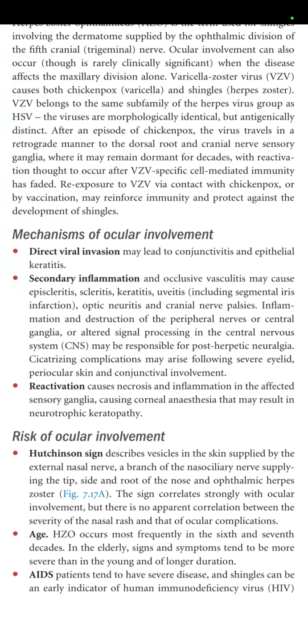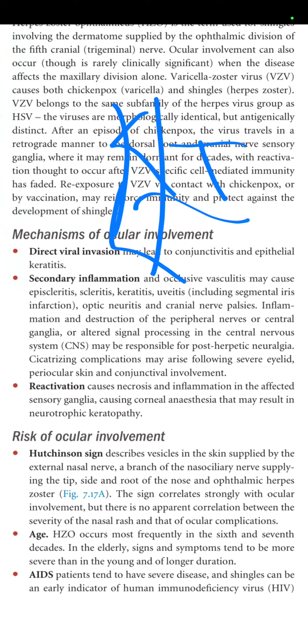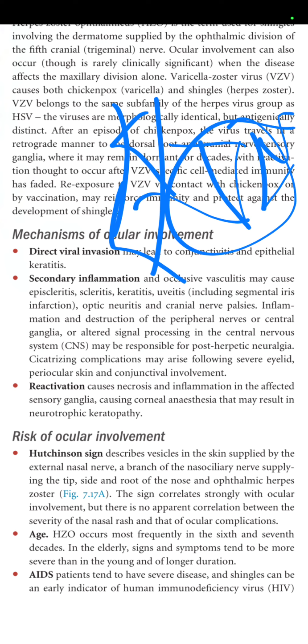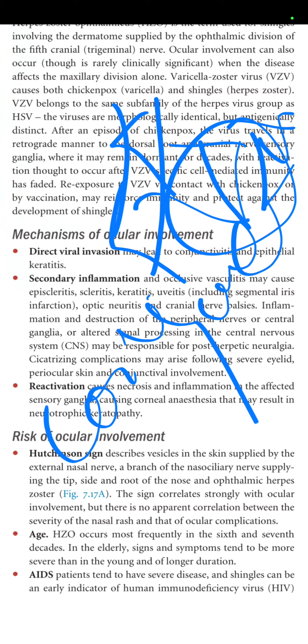Mechanism of ocular involvement. Now in this part, how the virus causes the ocular involvement. Direct viral invasion may lead to conjunctivitis and epithelial keratitis. So when the cornea is exposed directly to the virus, VZV, it causes conjunctivitis and epithelial keratitis.